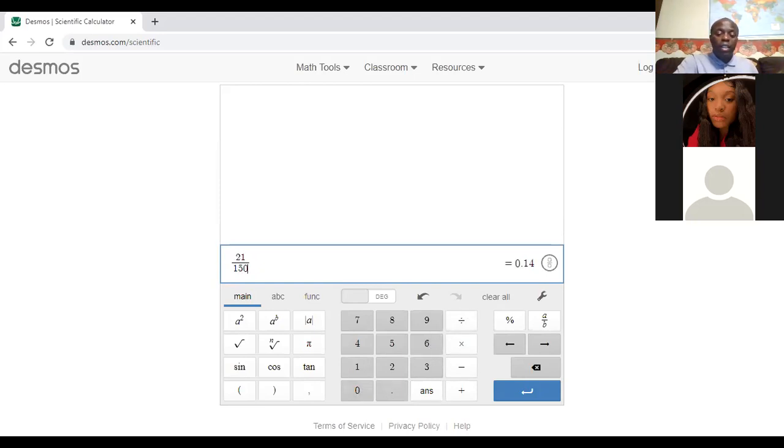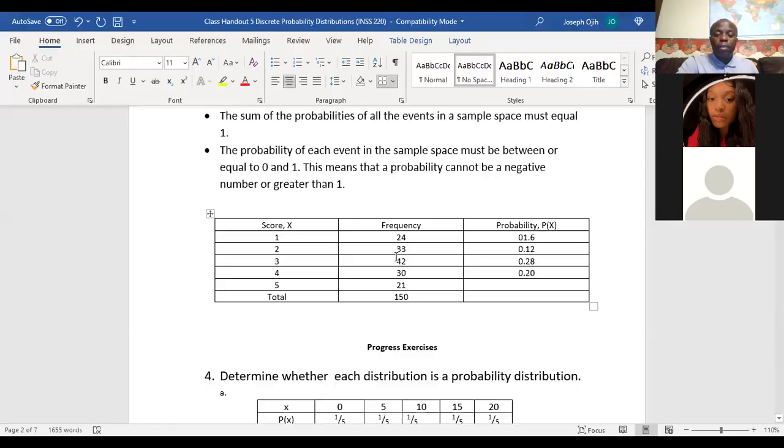So this is what they call the probability distribution. This is the probability distribution we're talking about here. To see if it is actually a distribution of that type, what you have to do is add all the given probabilities. So let's add them.